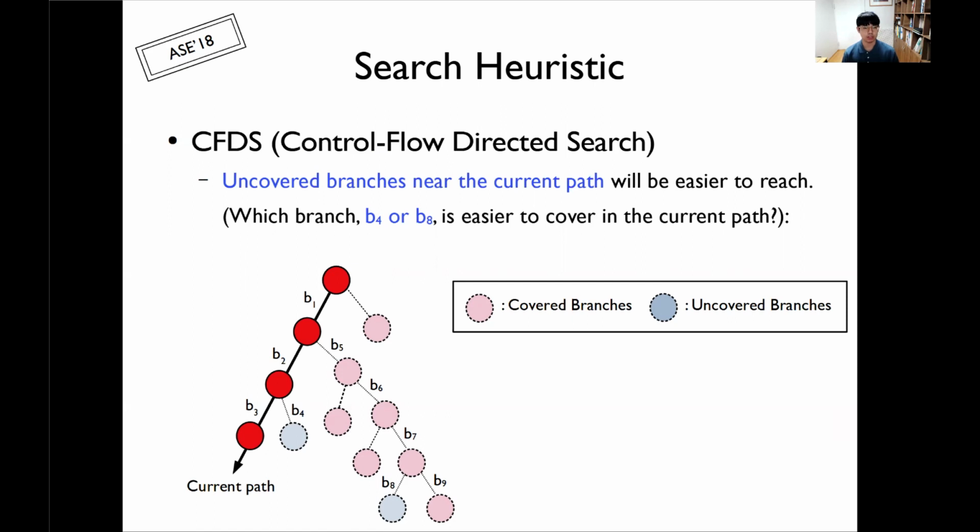For example, suppose that in the figure below, the red branches denote the branches already covered, while the blue branches are the branches that have yet to be covered. Given the current execution path passing the 3 branches B1, B2, B3, which branch, B4 or B8, is easier to cover from this path?